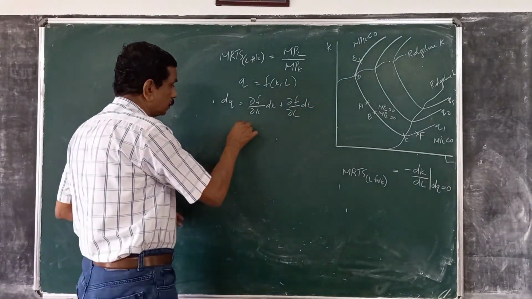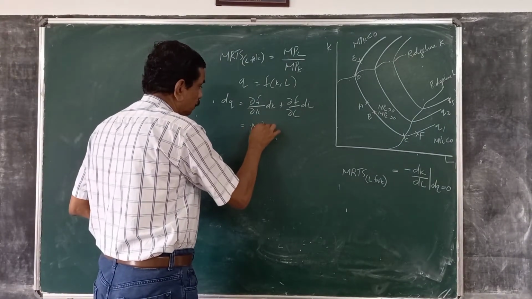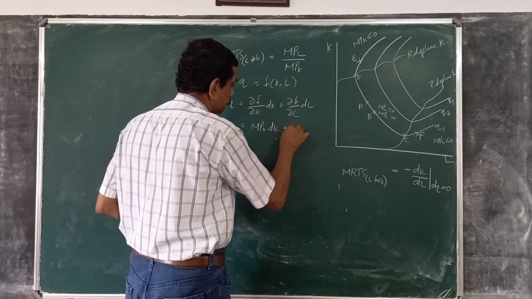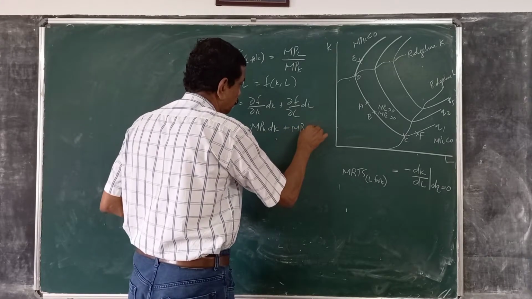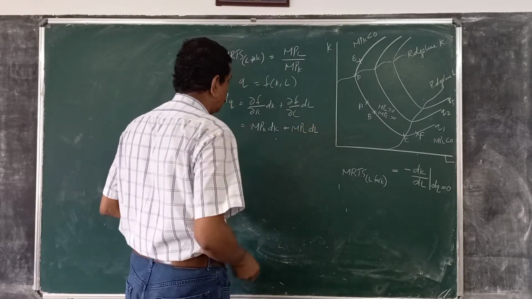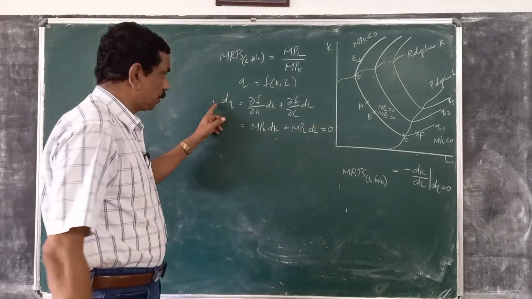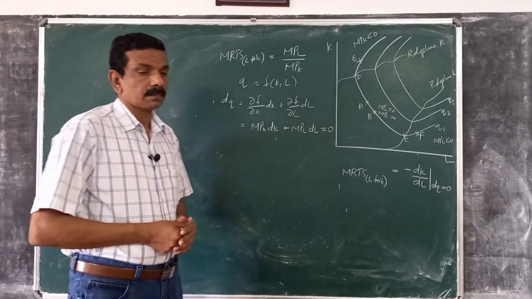That is, MPK into dK plus MPL into dL, and along an isoquant the change in quantity dQ is equal to 0.